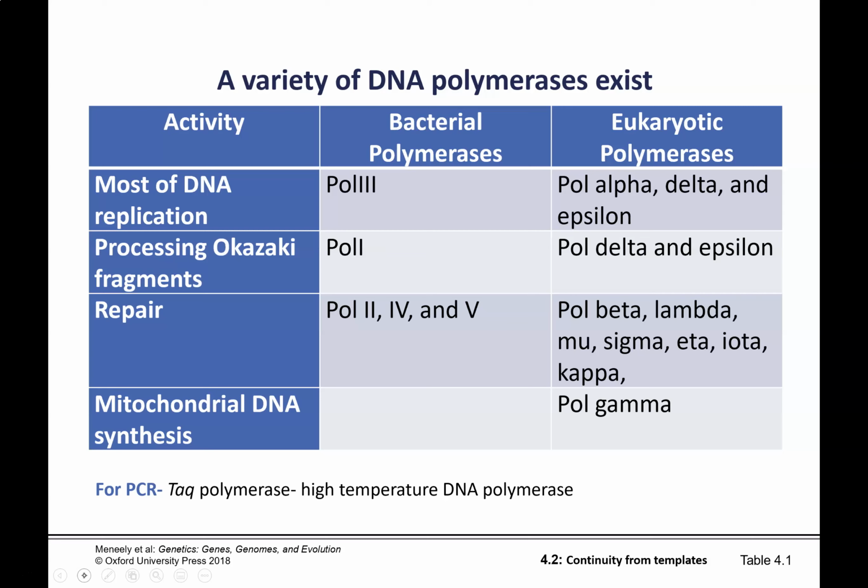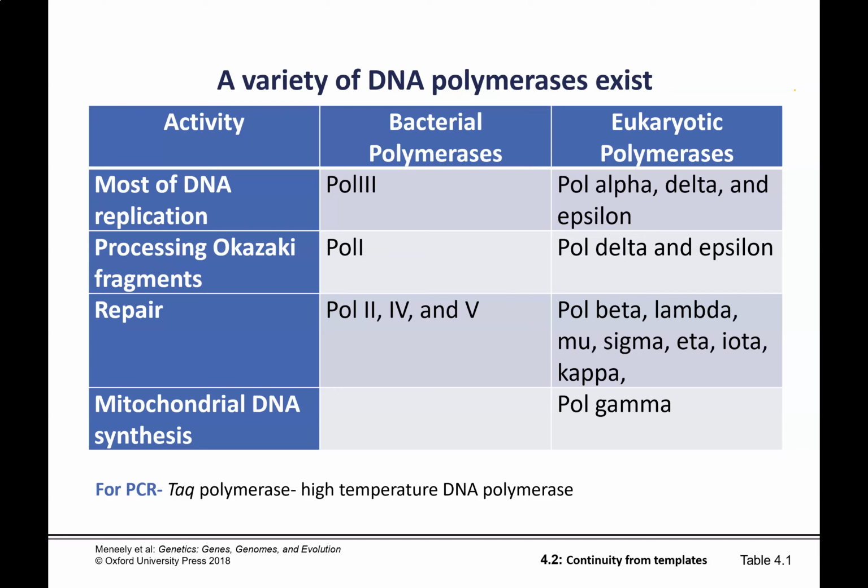And so we often study bacteria as an easier mechanism to learn from. Now in eukaryotes, they just tend to be more complicated. There tend to be more moving parts. And so if we can look at a bacterial model, it's much, much easier.